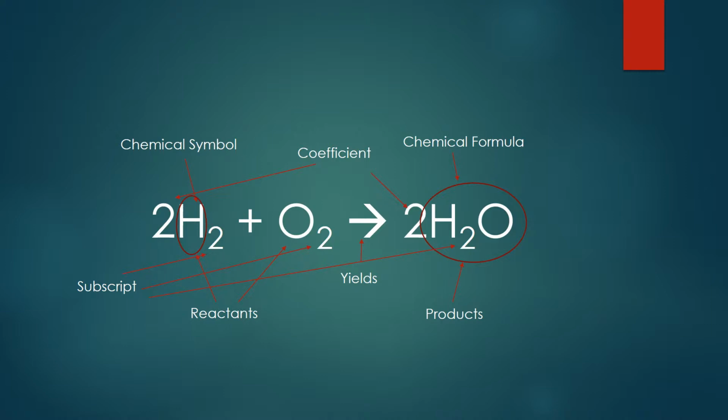So there's a 2 in front of the H2. That means we have 2 molecules of H2. We have 2 molecules of water in this case. And we're going to talk about balancing equations and how we have to have the same number of atoms on each side. So we'll get to that, but this is just so you know how to read your equations.